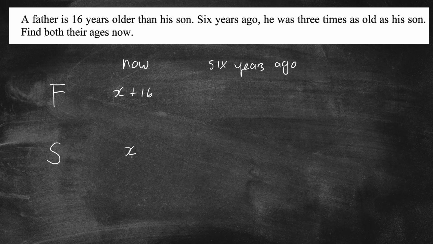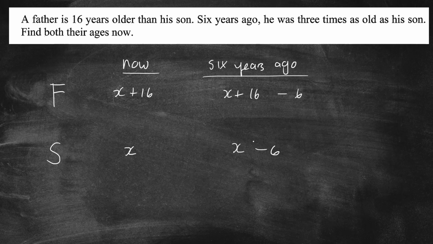So whatever the son's age is, just add 16 to get the father's age. Now, if we look at 6 years ago, you take your age, you minus 6. So 6 years ago, the father would be x plus 16 minus 6, and the son would be x minus 6.